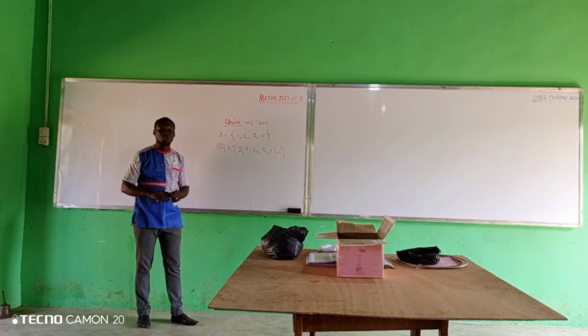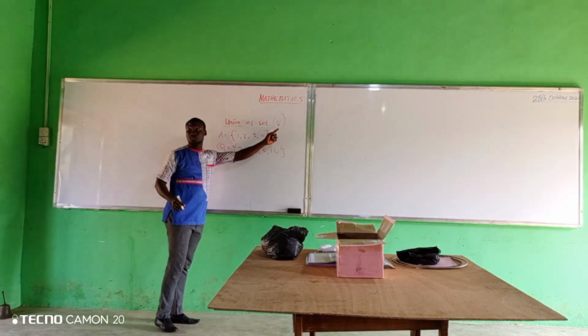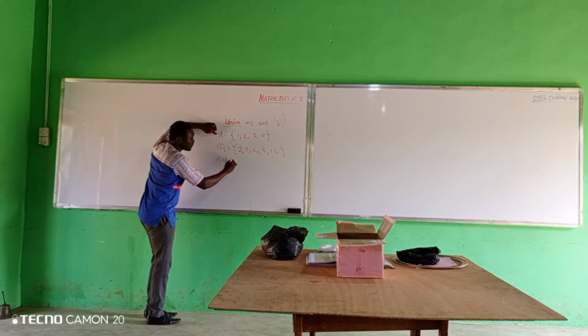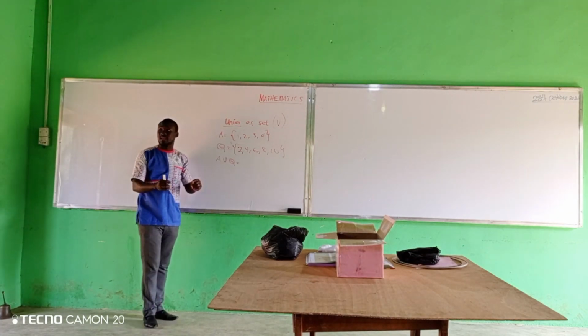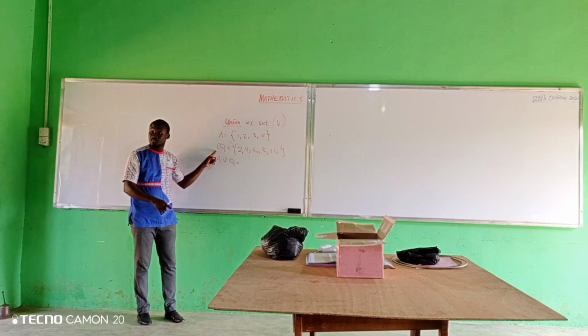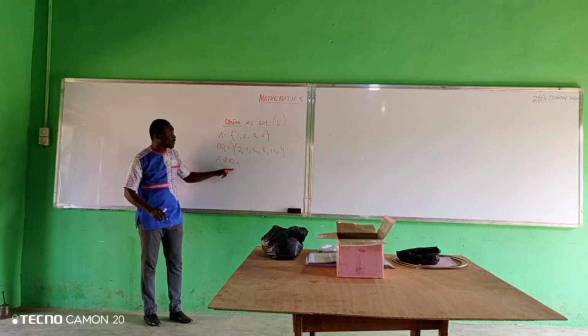And the symbol for that is what? Capital U. So this is going to be A union Q. We are combining set A and set Q. Are we following? Yes. Okay, so that's A union Q.